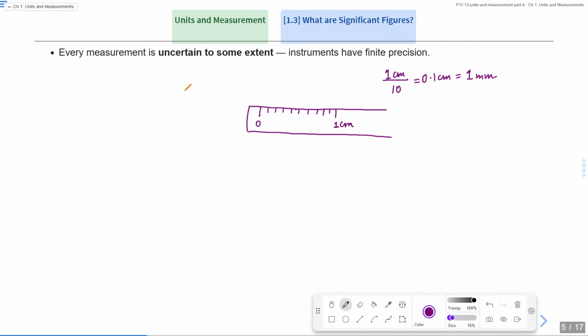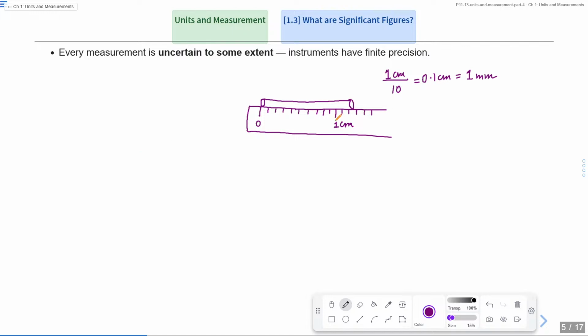Now, suppose you have any rod, any stick, or any object you want to measure. Suppose I have a small object and I want to measure it, and this is another division after 1 centimeter. Suppose its length is this. Okay, so that is the object.